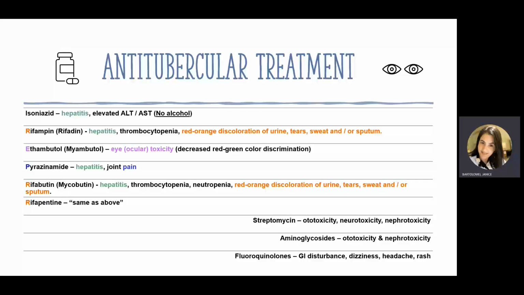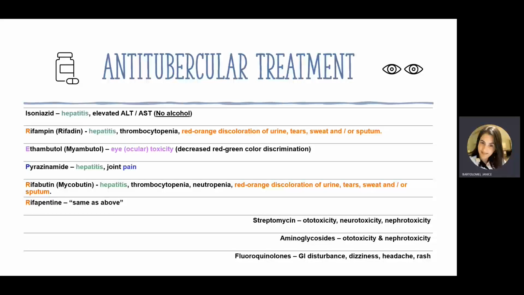And then, they are given multiple of these drugs that I have listed here. They have kind of weird names, but I try to highlight with different colors what's special about them.